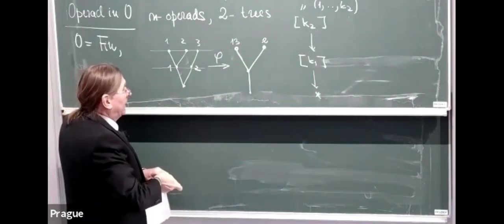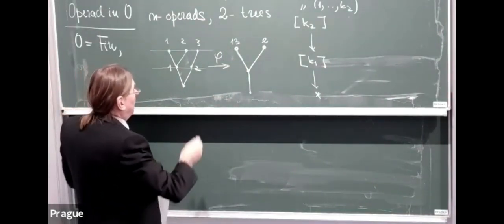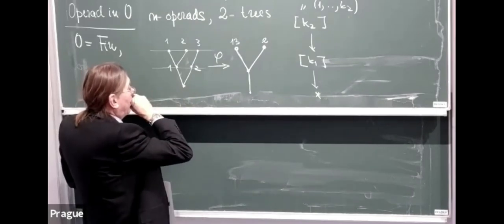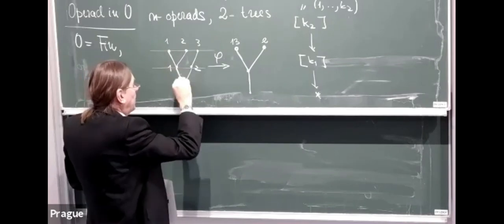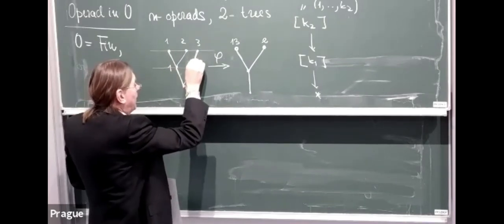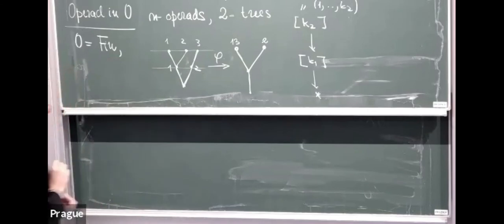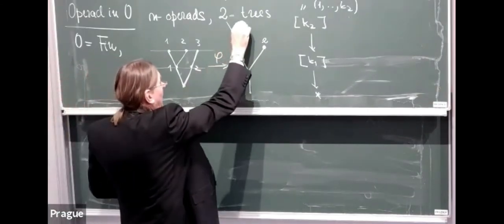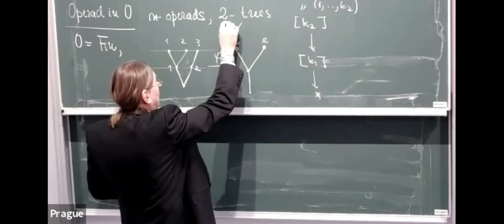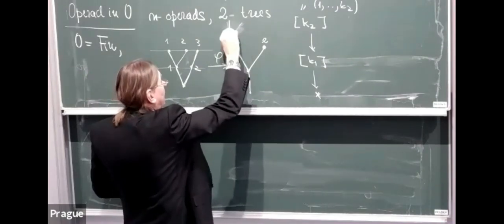So what goes there? 1 and 3. I think this is it. So this is the fiber over this. I'll draw it a different way.